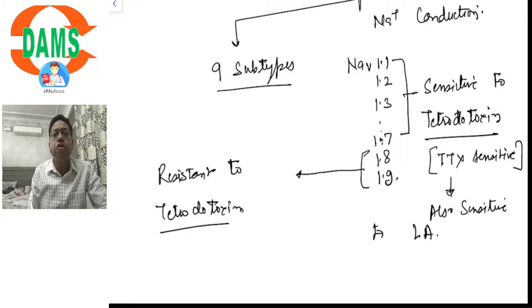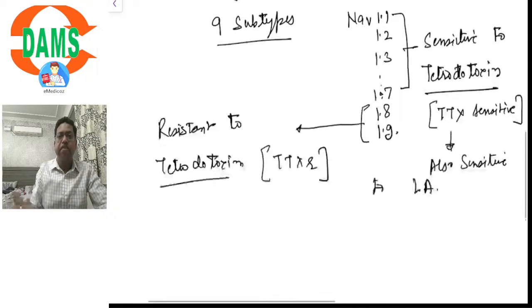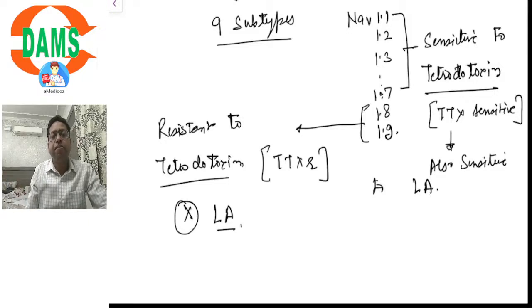They are not blocked by tetrodotoxin, so they are represented as TTXR. Okay, R represents resistance. So these sodium channels are also not blocked by commonly used local anesthetics. Above, we have seen the mechanism of action of local anesthetics. Now, these subtypes 8 and 9 are not blocked by the commonly used local anesthetics.